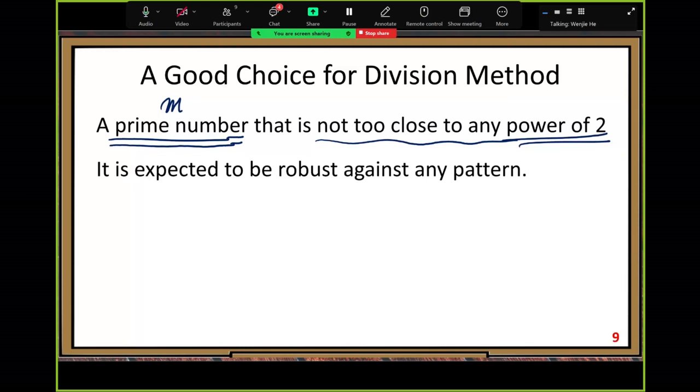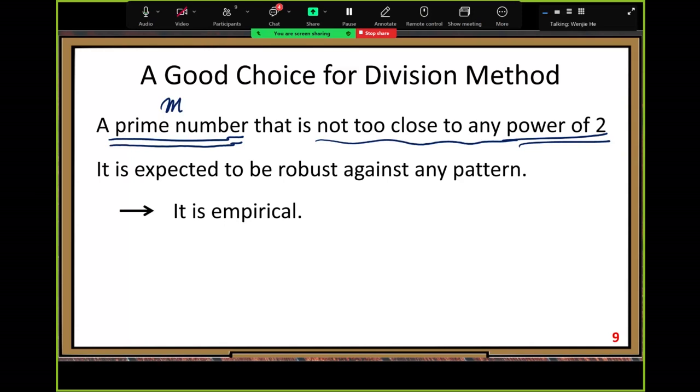But that's very hard. It's impossible to break all the patterns, but we want to break most of the patterns. It's empirical, because we cannot prove it.